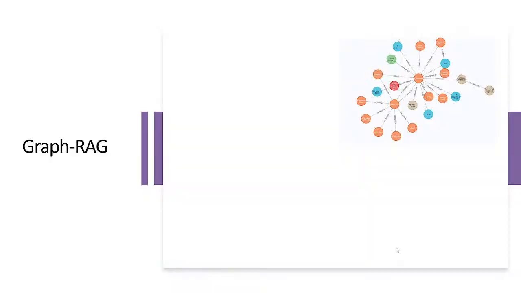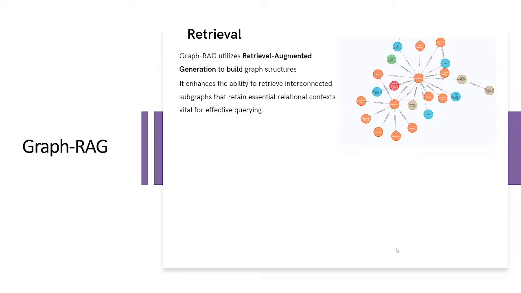So we thought of trying Graph Rag. This is an information retrieval technique that we use in natural language processing. Basically, Graph Rag utilizes something called Retrieval-Augmented Generation. I'm not sure if you know this concept, but basically we have a database. We do not rely only on the pre-trained knowledge of the large language model, we also add a database, in order to reduce hallucination.